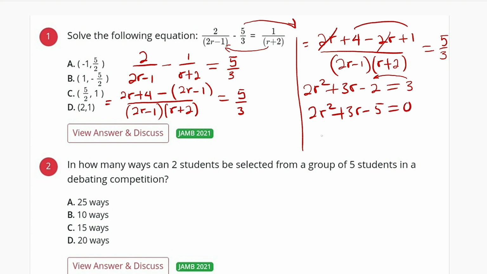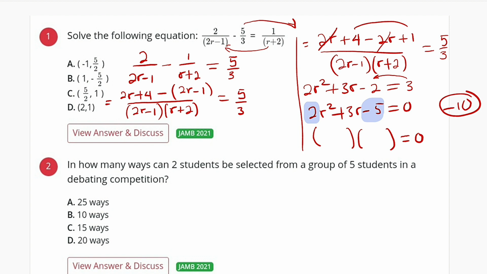Now let us solve this by factorization. We have two factors, each equal to 0. You take the leading coefficient 2 and multiply by negative 5, and that will give us negative 10. Think of two numbers which, when you multiply them together, you get negative 10, and when added together give positive 3.